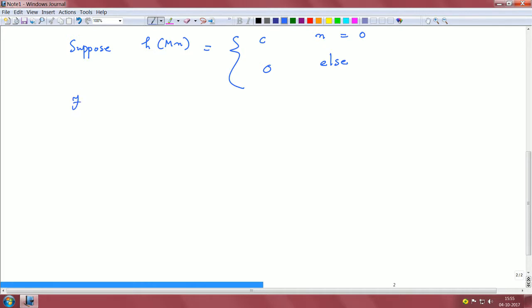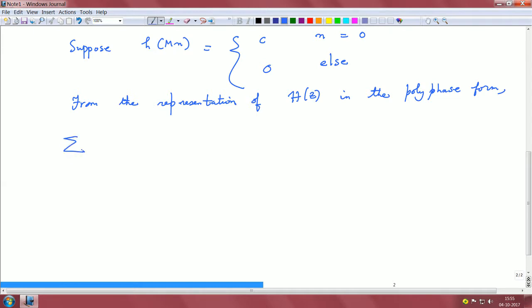So, from the representation of h of z in the polyphase form, we can consider the following summation: h of z omega power k for k equals 0 to M minus 1.